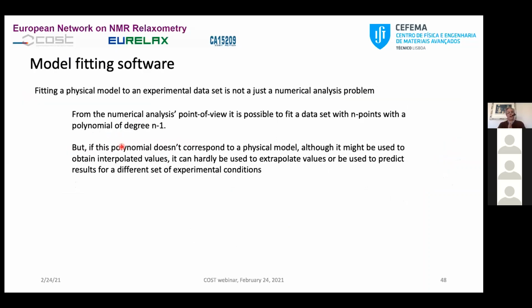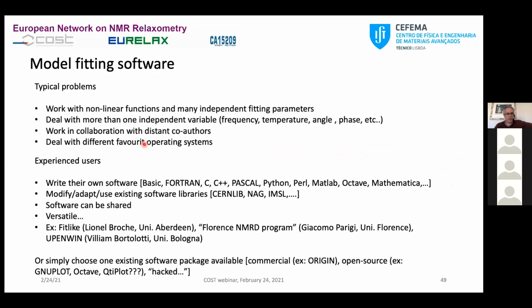Okay, so Danuta spoke a little in the introduction about this model fitting. In fact, I've been dealing with this model fitting for many years, since 1988.